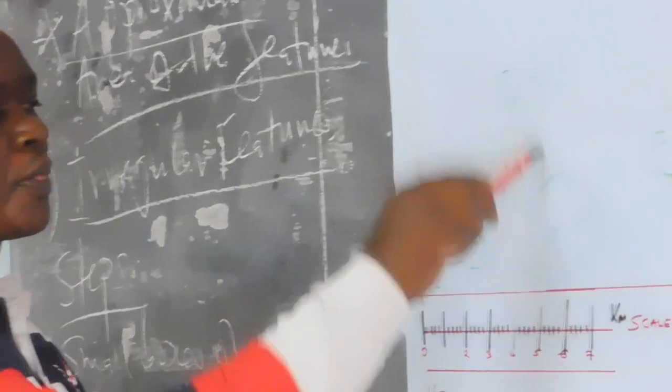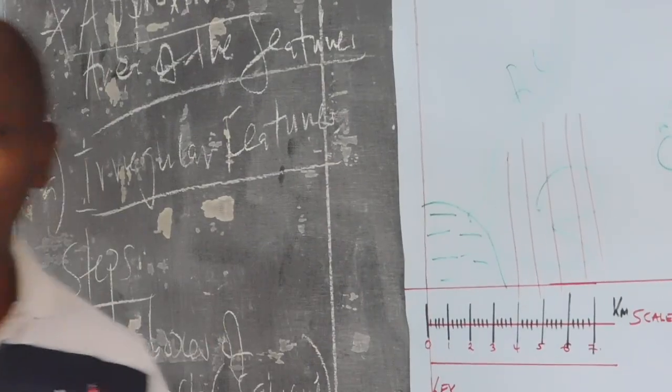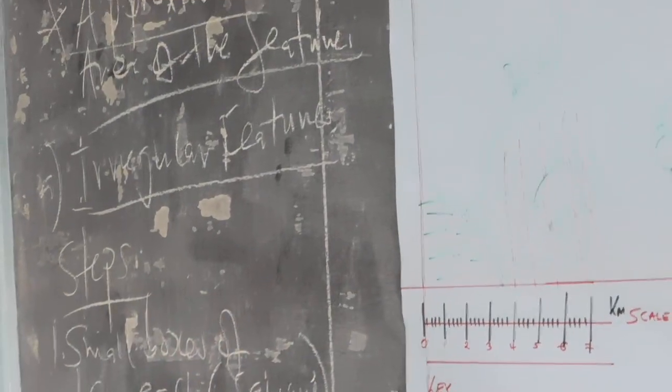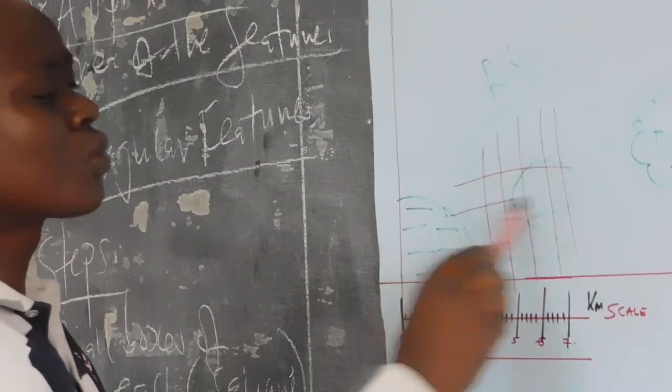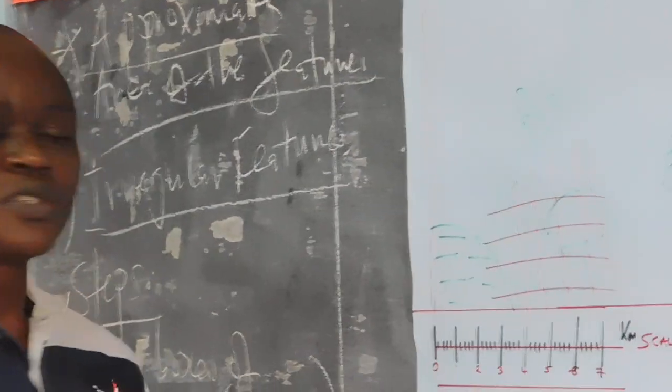And then lastly, give your answer in kilometer square, depending with the question. The way I've just said, first step, you make sure you obtain your small boxes of 1 centimeter each using a ruler. Don't use freehand. Using a ruler.